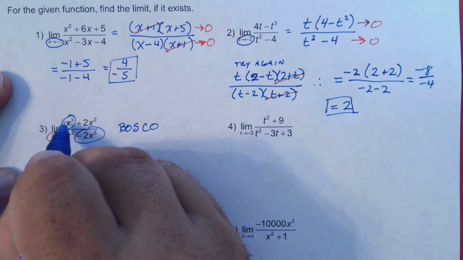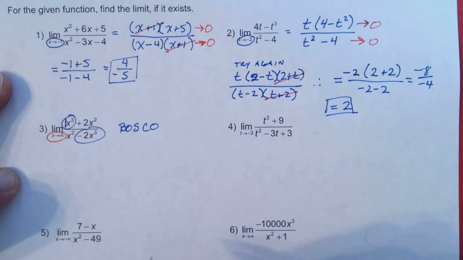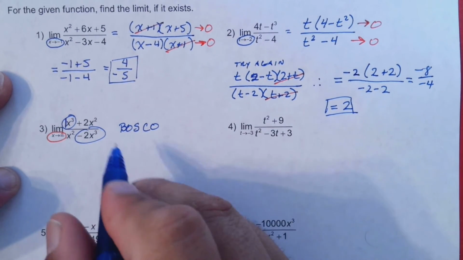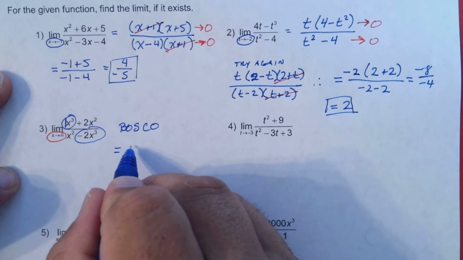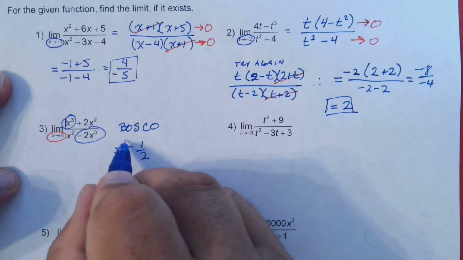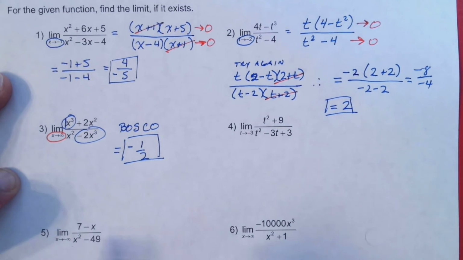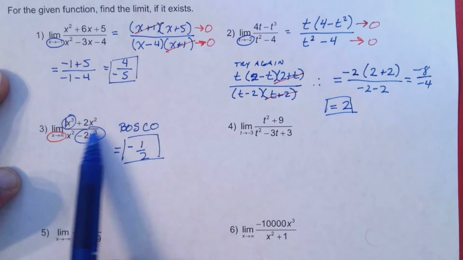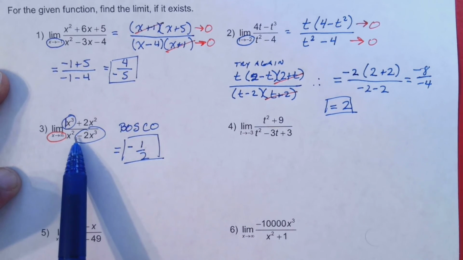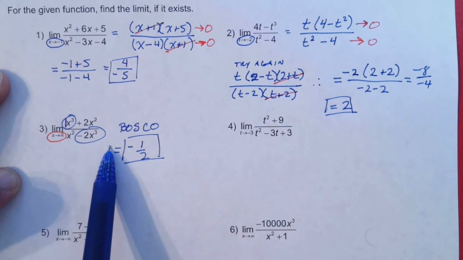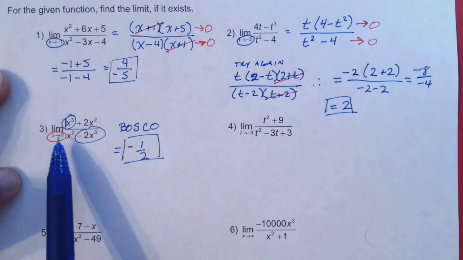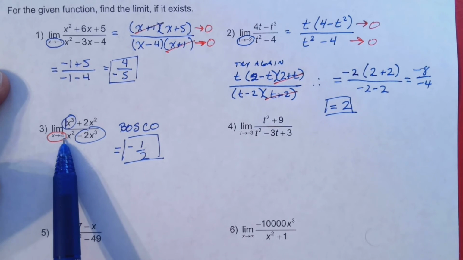And there is an implied coefficient of 1 on the x cubed in the numerator. So I'm going to have -1 over 2. There is mathematics involved in why this works, but for our purposes, we can look to the powers, and then look at the ratio of the coefficients when my x is approaching an infinity.